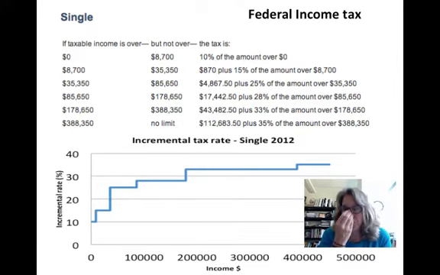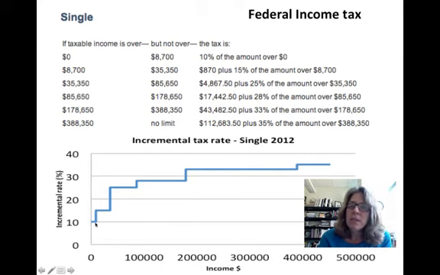So this was last year's, which is the income tax that you should be filing right now. What we look at here is that there's going to be an incremental jump up in the taxes. And you can kind of see that in this plot, where between $0 and $8,700, the tax rate is 10%. So you only have to pay 10% of that value.